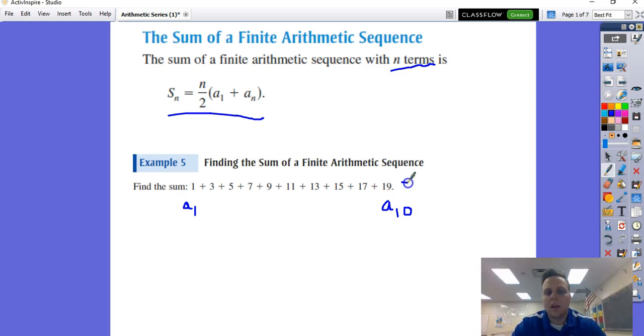So you know that the sum of all this is 100, but that was a little time consuming, and there's a better, faster way to do it if you understand this formula. So let's go back to this formula fast.